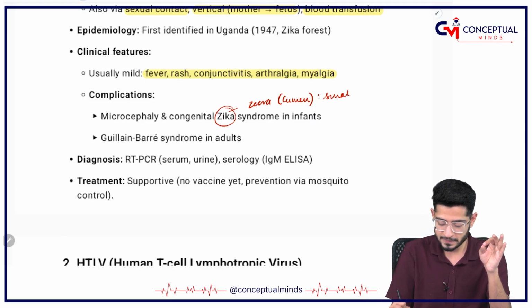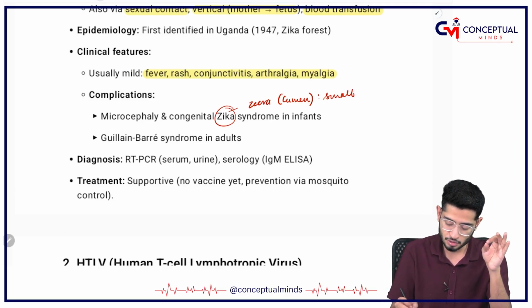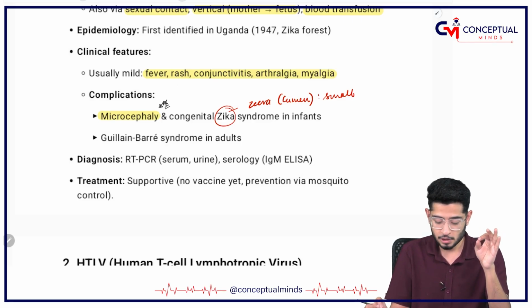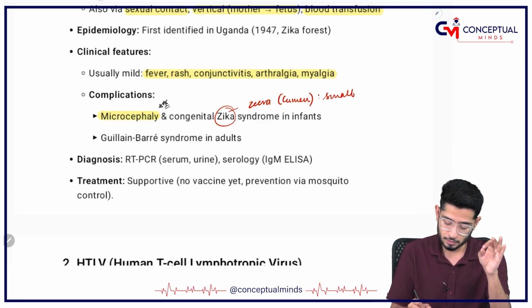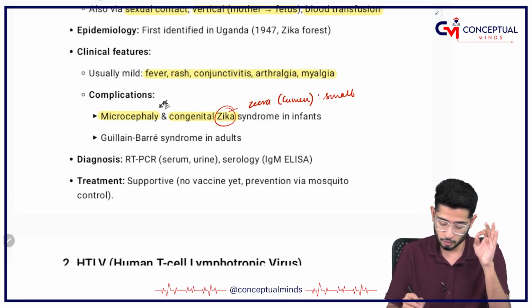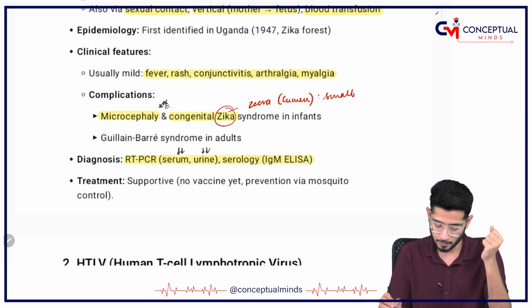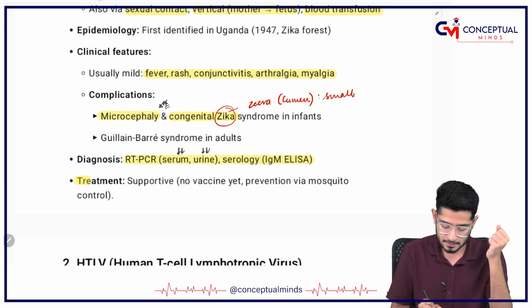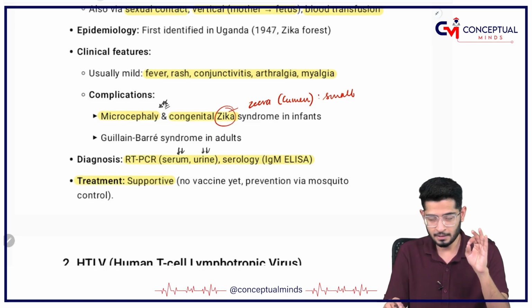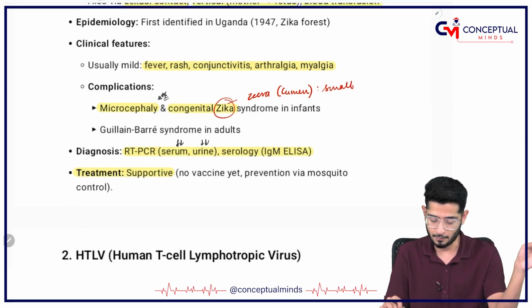Cumin seeds are small, similarly Zika leads to microcephaly, that means small head, in congenital Zika. To diagnose it, do the RT-PCR and serology. RT-PCR you have to process on serum sample or urine sample, right? For Zika virus, you have to give just supportive care because nothing else is available.